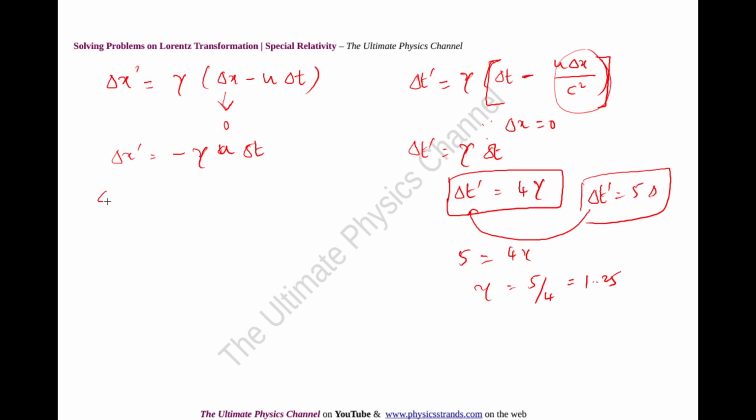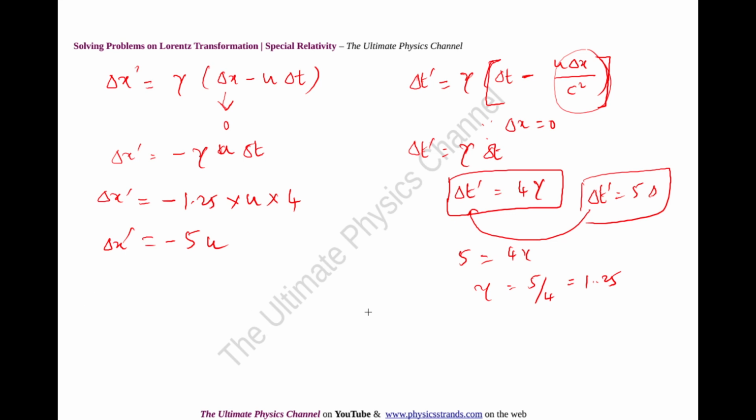My del x prime is therefore going to be equal to minus 1.25 times u times del t, and del t is given in the question as 4 seconds. So this is again equal to minus 5u.